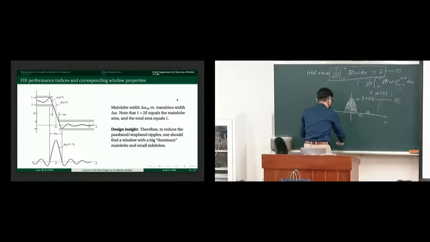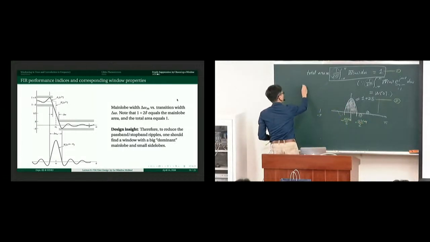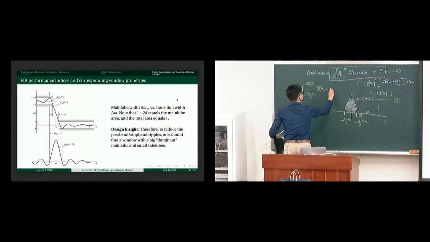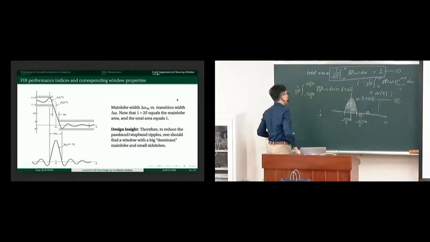But if we integrate from minus half of the main lobe width to plus half of the main lobe width, if we do the same integral, that is what I'm saying: 1 plus 2 delta. The main lobe area equals 1 plus 2 delta.